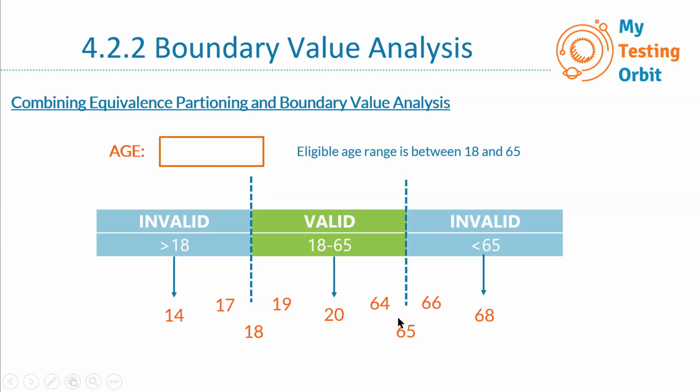Even if we cover all these values, we still can't guarantee that we are covering everything. So sometimes we have to think about what else we need to combine it with. Boundary value analysis and equivalence partitioning is not everything. There is much more in addition to it which, as a tester, we need to take care of.